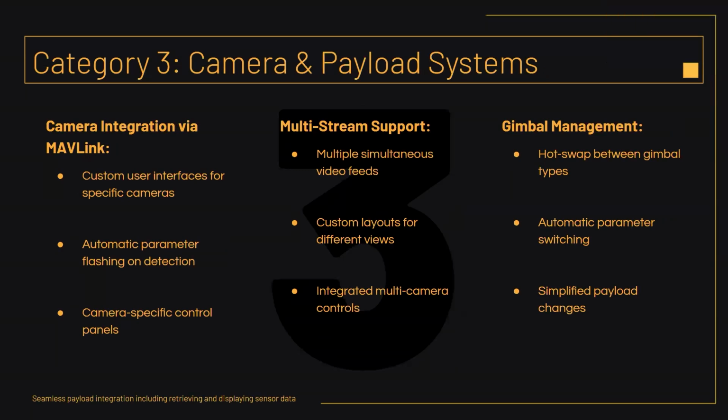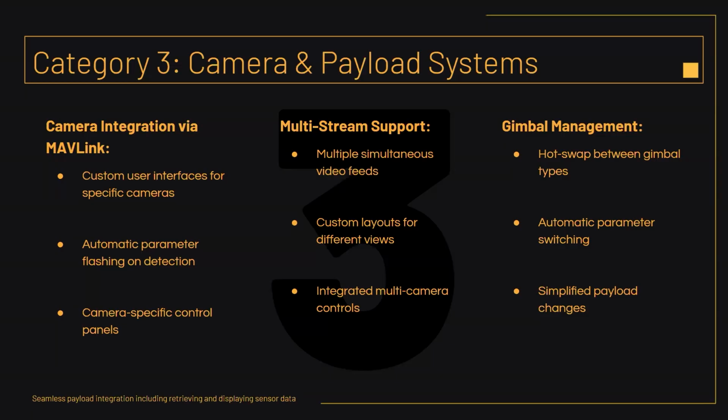Yeah, and then category three is camera and payload systems. There could be a lot of things you want to do when it comes to cameras. You can add custom UI, which might allow you to easily change a camera setting. A lot of cameras may require custom vehicle parameters to work properly.